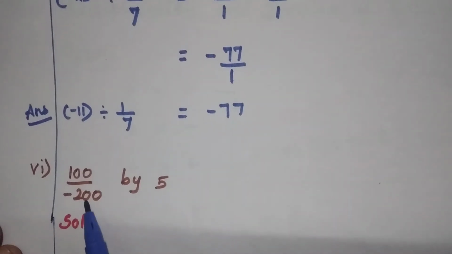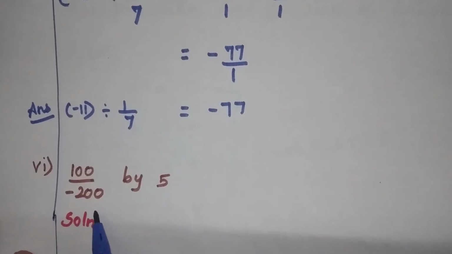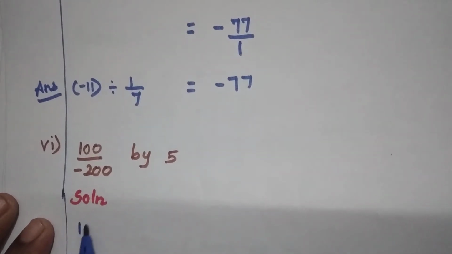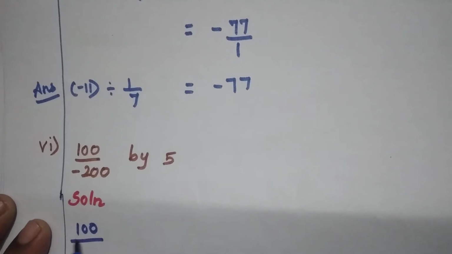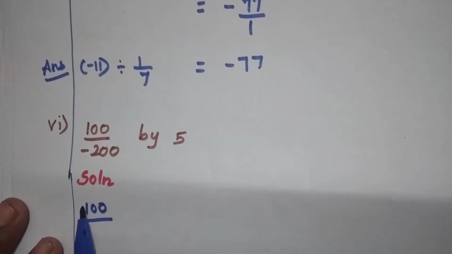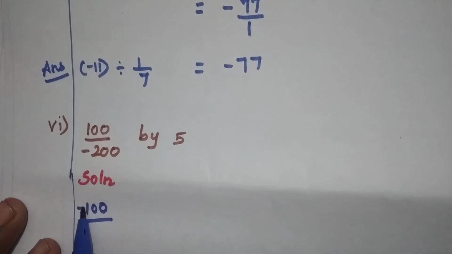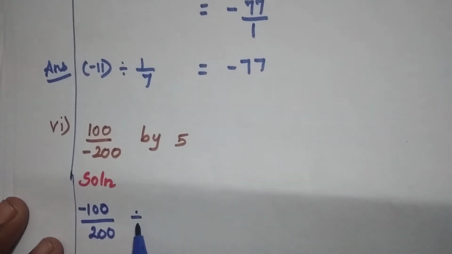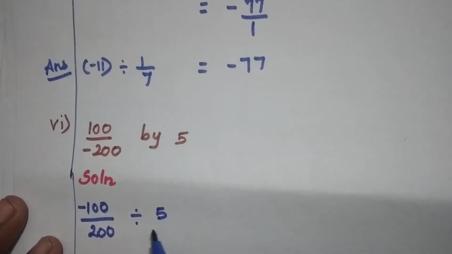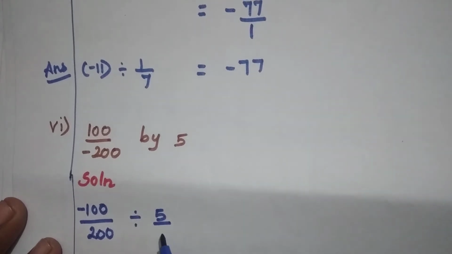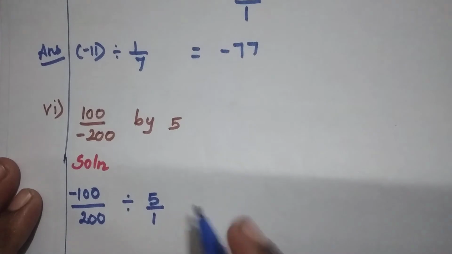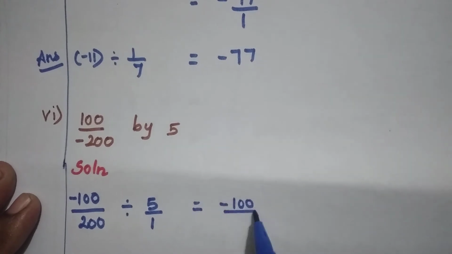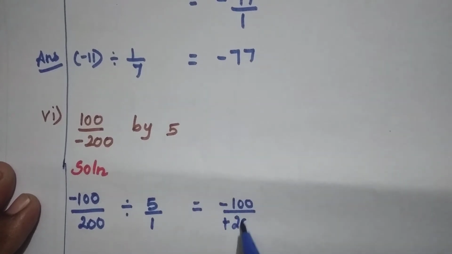The next one, 100 divided by minus 200 by 5. As I already told you, always bring the negative sign to the numerator. So minus 100 divided by 200 divided by 5. So here the denominator is not given, so you have to take that one as 1. Write the first rational number as such, minus 100 divided by plus 200.